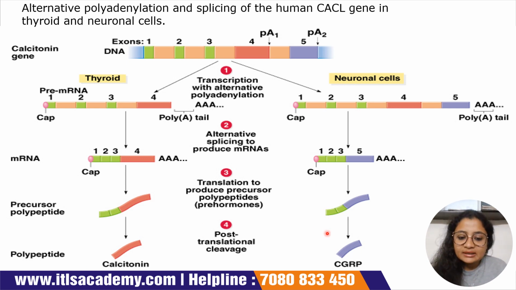And after that, finally we have the post-translational cleavage. So after that we have the polypeptide, which is the precursor of the ultimate hormone or protein. In case of thyroid, we will have the calcitonin hormone, and in case of neuronal cells, we will have the CGRP hormone or polypeptide.